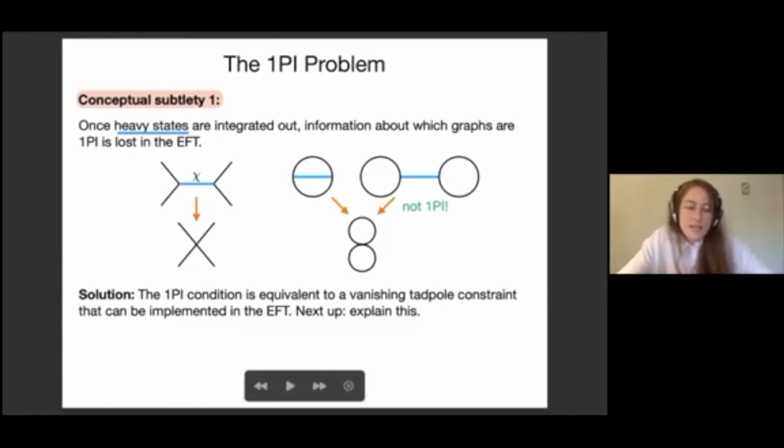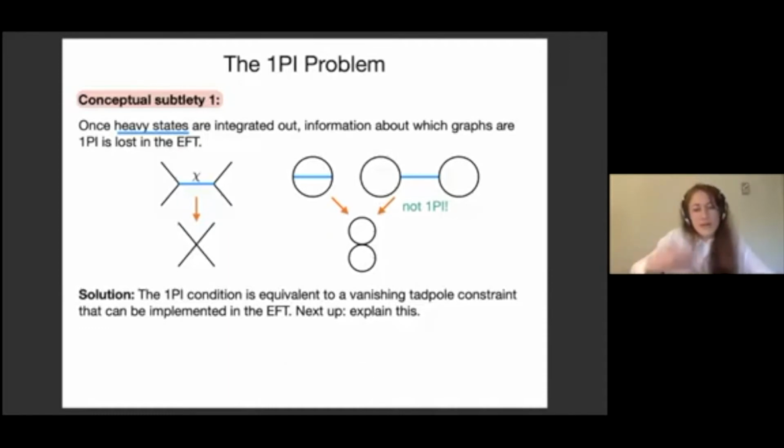And the simplest solution to this is to show that this 1PI condition on the graphs is equivalent to a vanishing tadpole constraint. The reason to do this is that this vanishing tadpole constraint can be implemented easily in the EFT and matched in the EFT. So next up, I want to explain how this works.